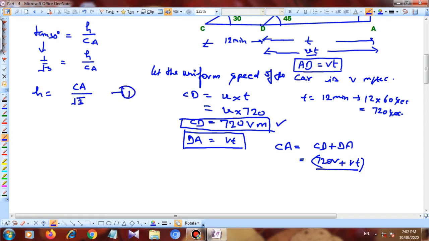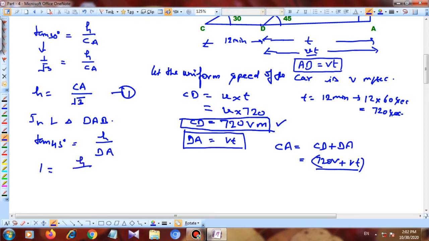Now in right angle triangle DAB, tan 45 degrees equals H upon DA. Value of tan 45 is 1.